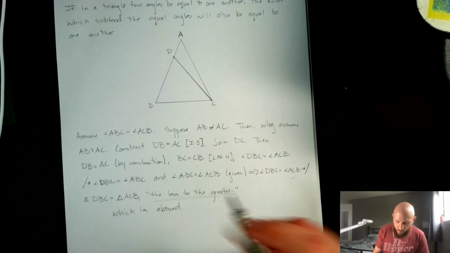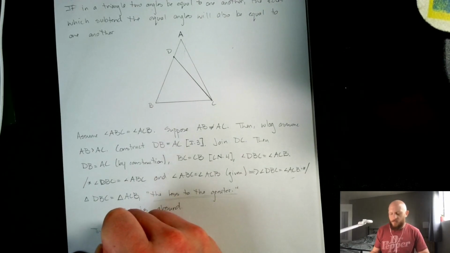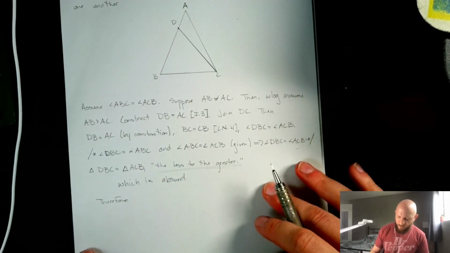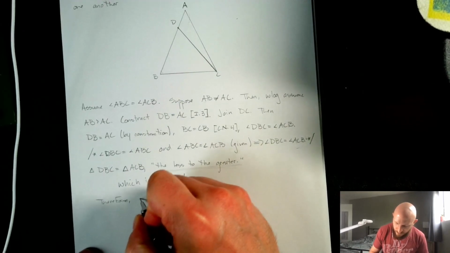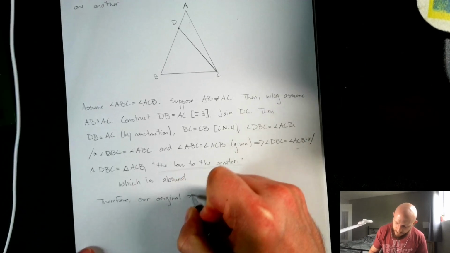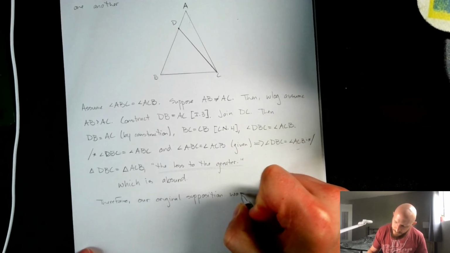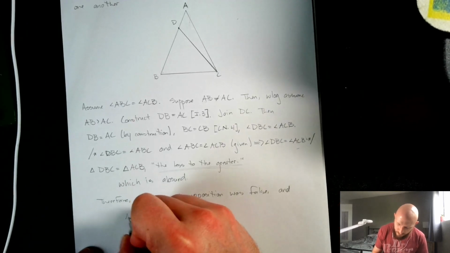So therefore, and here's how I always ended proofs by contradiction whenever I was writing them: therefore, our original supposition was false, and AB equals AC.